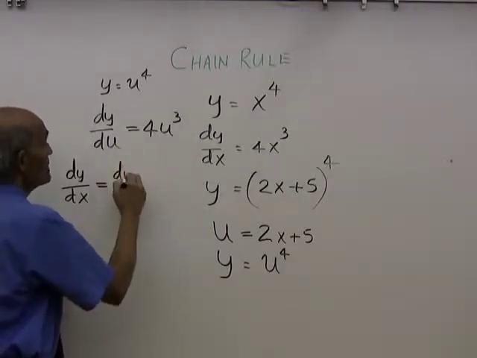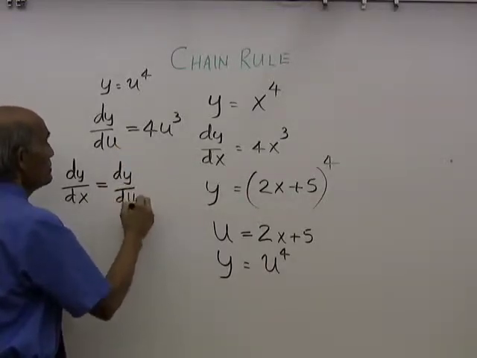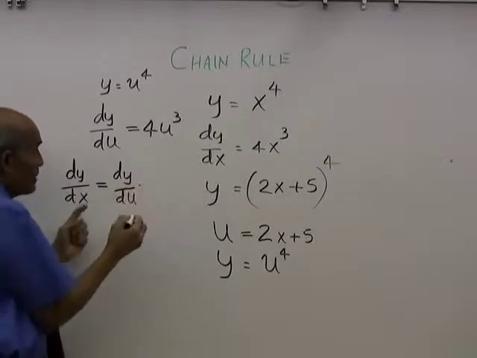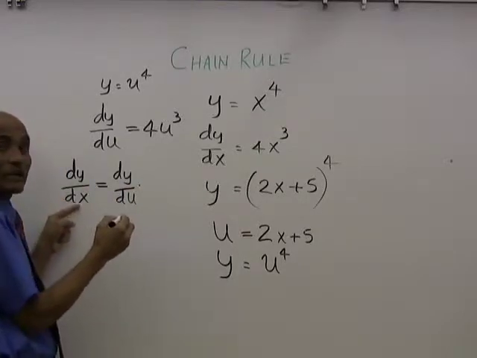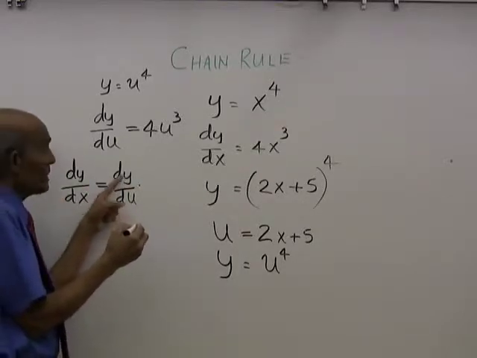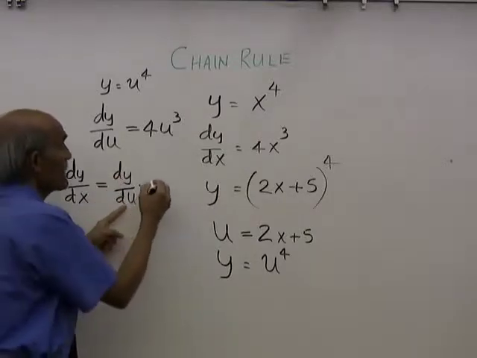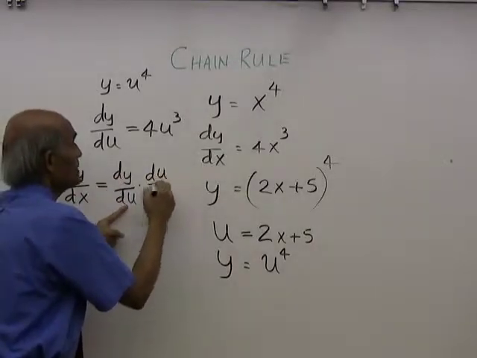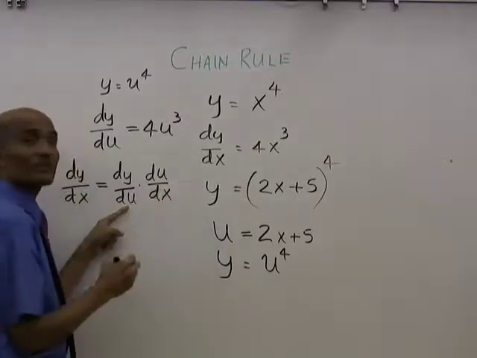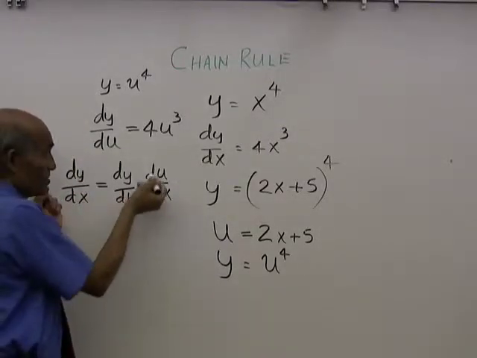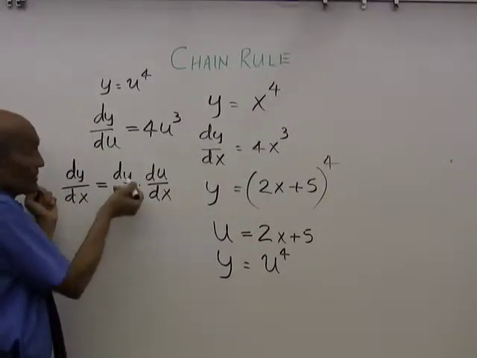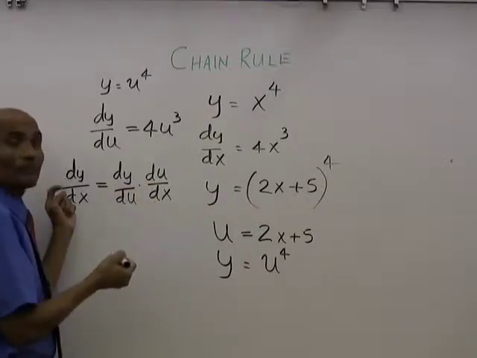We know dy by du. So, in order to get dy by dx, all we need to do is multiply dy by du by du by dx. Look at that. du and du will cancel. We will get dy by dx.